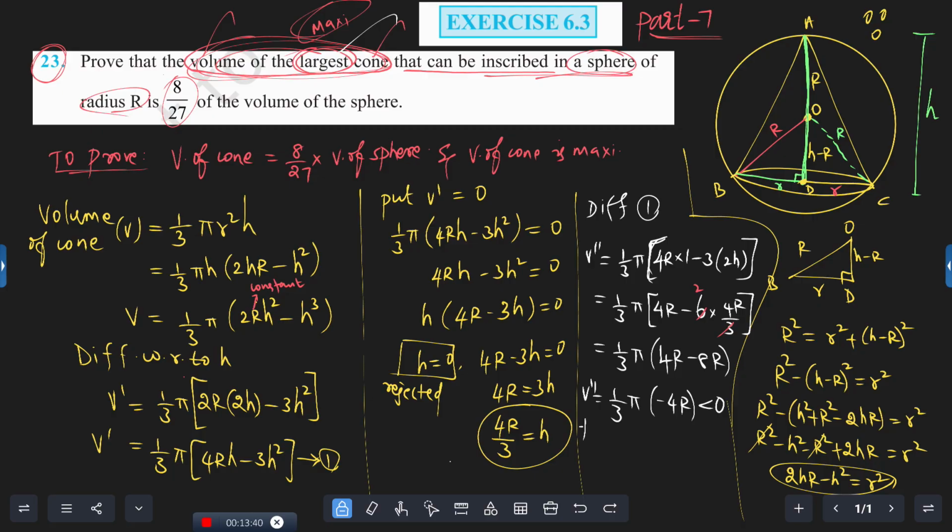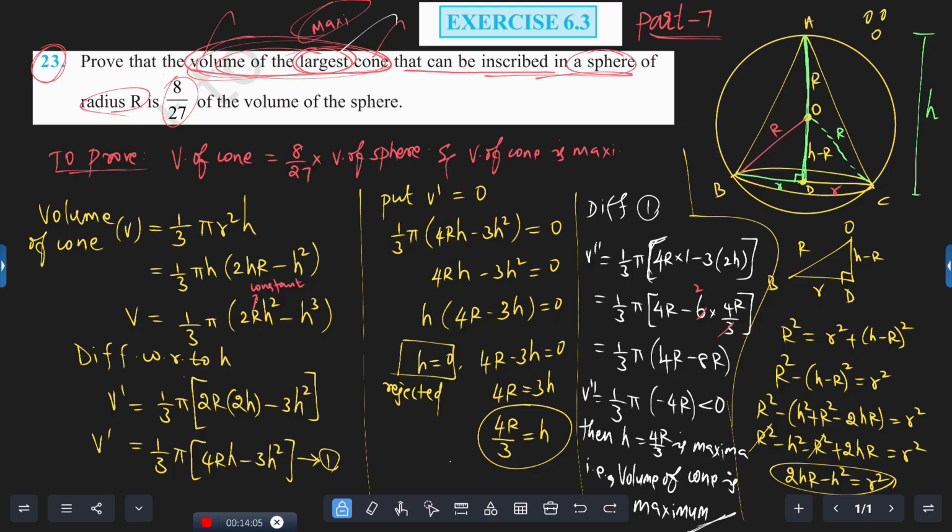Then h is equal to 4r divided by 3 is maxima. That is, the cone volume is maximum, or the volume of cone is maximum.